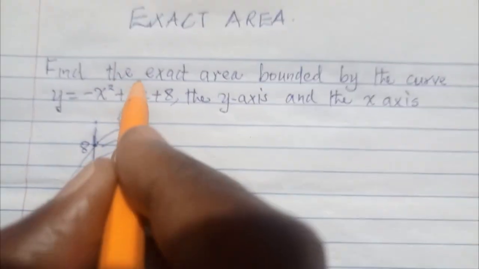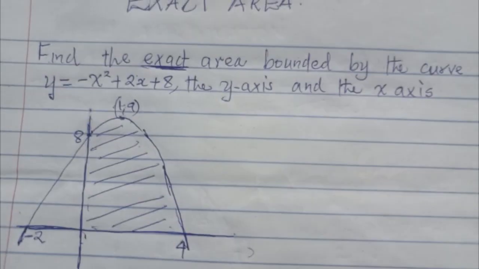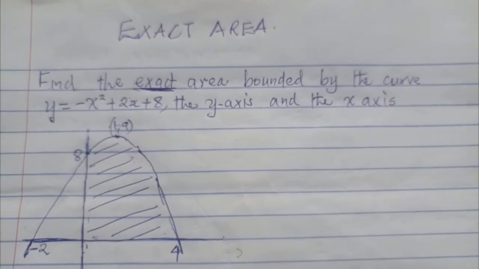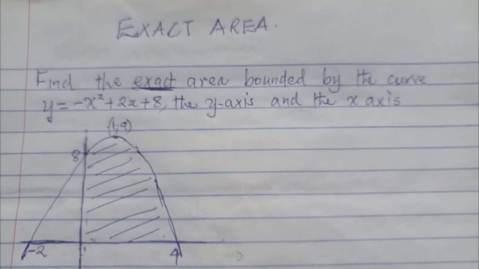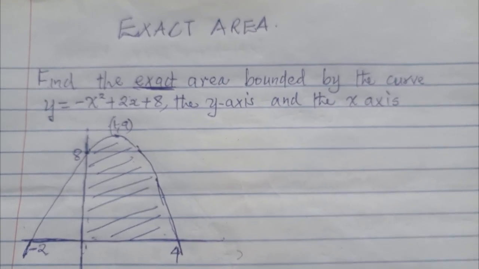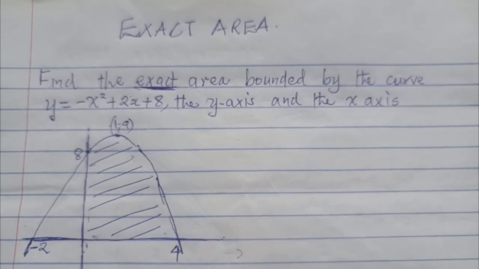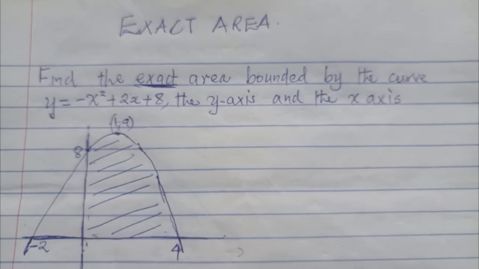So the keyword here is exact. When you are asked to find the exact area under a curve, then what essentially you're being asked to do is to use integration, the branch of calculus which is integration.